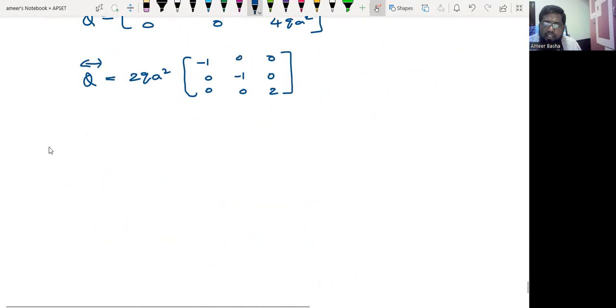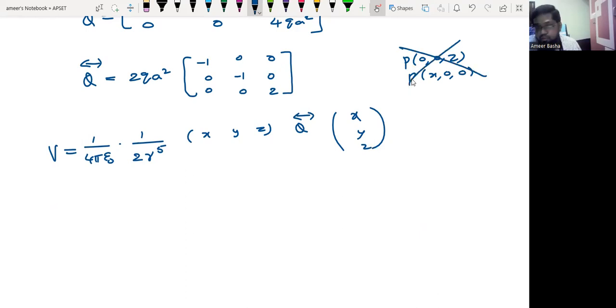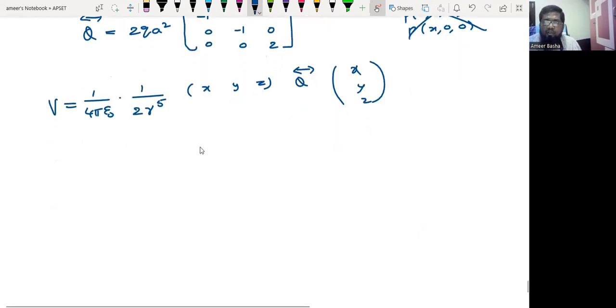So the potential due to this quadrupole, when we write it, is 1 by 4 pi epsilon naught at a generalized point, not simply on the z axis, 2 by r power 5, x y z, since it's a generalized point. Then Q again at the generalized point x y z. I am not saying that the point is 0 0 z or that the point is x, 0, 0. I am not saying that; I am finding at a generalized point. So this product multiplication is important for me.